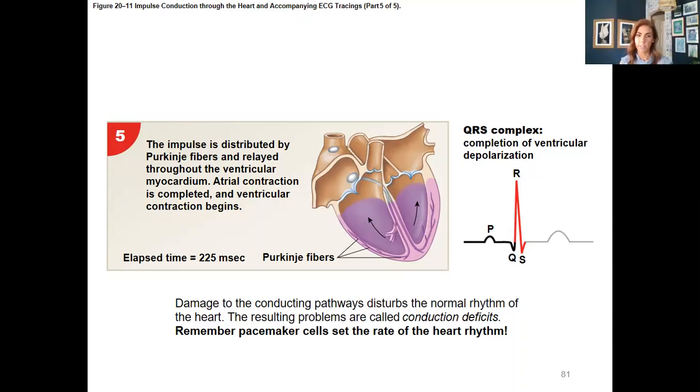So as you are learning this, because sometimes it can get a little bit confusing with the difference between depolarization and repolarization, think about depolarization as the event that leads to the contraction. They don't happen at exactly the same time. And whenever we talk about contraction in the heart, we're going to use the word systole. Think about systole as a squeezing process.